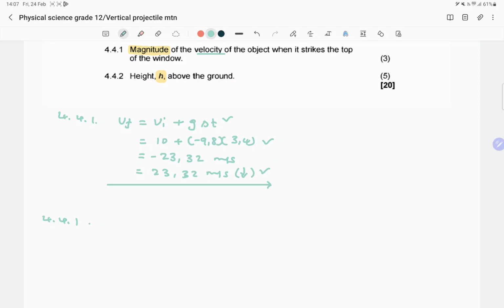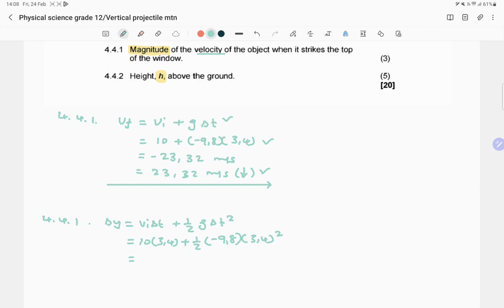So we want to find out h, but first of all, we know we want delta y. So final velocity, actually we don't need this one. Let's just say delta y is equal to initial velocity delta t plus half g delta t squared, because we know enough. We have 10 into 3,4 plus half into minus 9,8 into 3,4 squared.